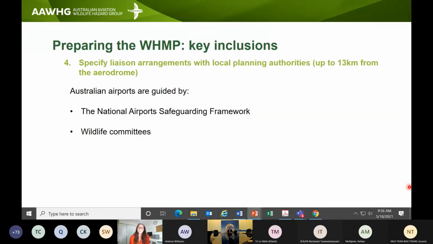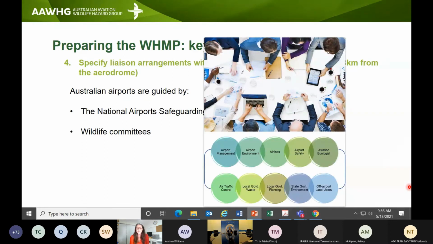Another way that airports liaise with the local planning authorities and land users is through their wildlife committees. Wildlife committees are generally chaired and coordinated by the airport, and obviously include key elements of the airport operations themselves, but can include a range of off-airport stakeholders, whether that be local waste management authorities, the planning authorities, and even state or federal government, depending on the nature of the land use.